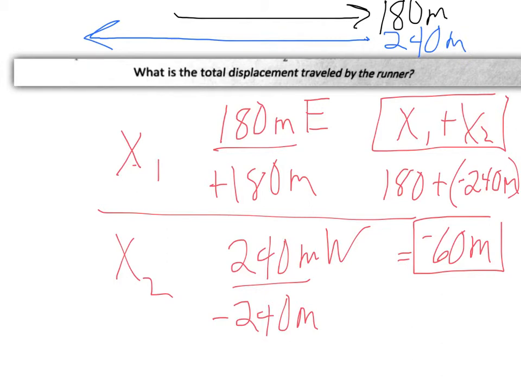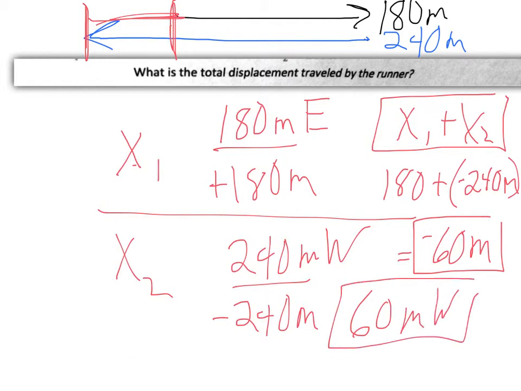And then the difference, from here to here, is the displacement, which would end up giving you negative 60 anyway. Your answer could also be 60 meters west. So either one is acceptable. Just remember, when you have displacement, you have to incorporate positives and negatives, east and west, north and south, that sort of thing.